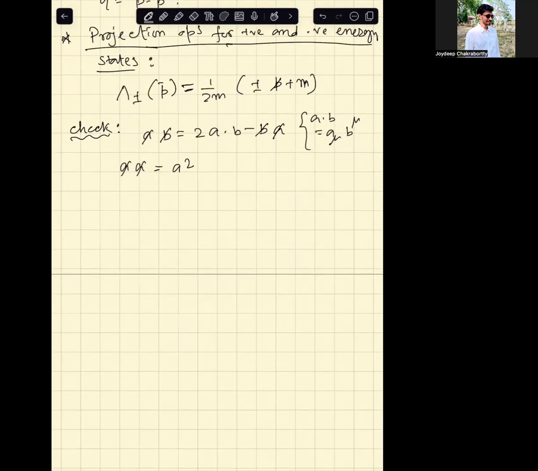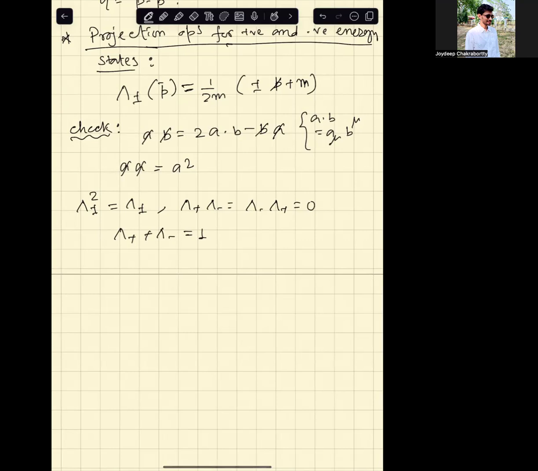And you can also check that a slash a slash equals a squared. If you use these identities, what you find is that lambda plus minus squared is lambda plus minus, lambda plus lambda minus equals lambda minus lambda plus equals 0, and lambda plus plus lambda minus equals 1. This is the property of the projection operator. The projection operator squared is the projection operator.